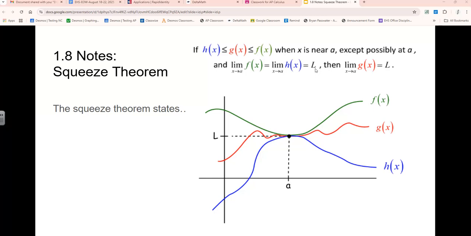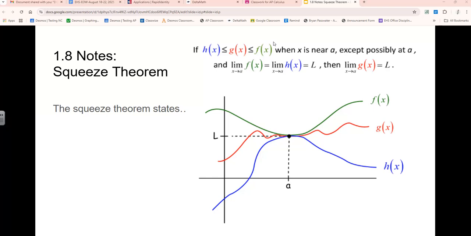Because if we've got the same limits here, it's getting squeezed in between those two functions, and it has to have that same limit. Okay, I think the picture is the most helpful here. The only way you can have the same limit for the green graph and the blue graph is for them to be at that same point, and for the red graph to still be less than or equal to those, it's got to have that same limit there.